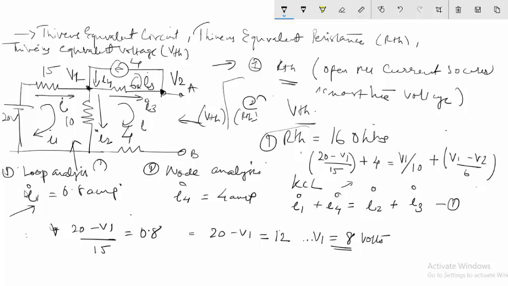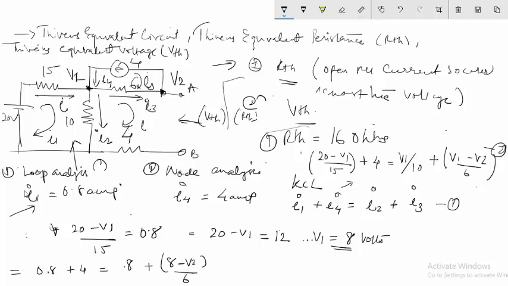If I write this as my second equation just for reference and solve it, I know my I1 is 0.8, so 0.8 plus 4 equals V1, which is 8, divided by 10, is 0.8, plus V1 which is 8 minus V2, divided by 6.